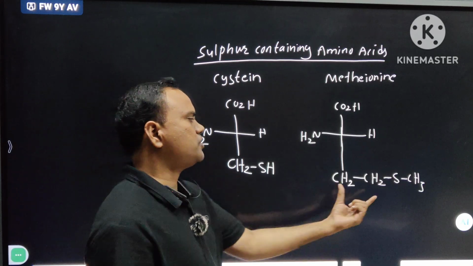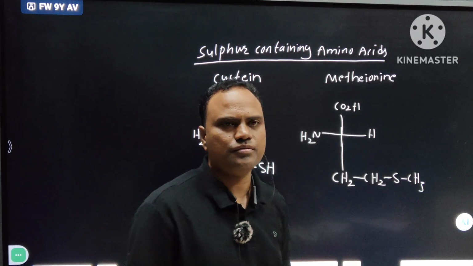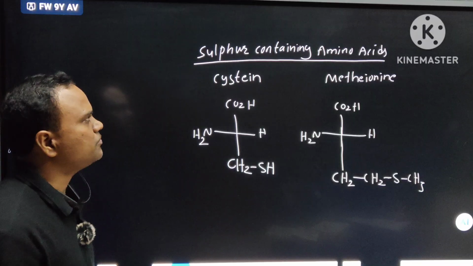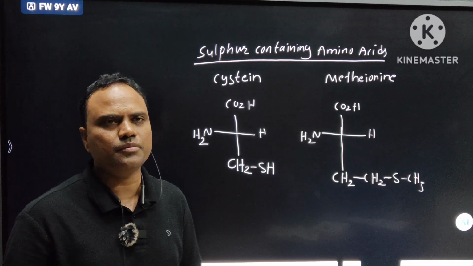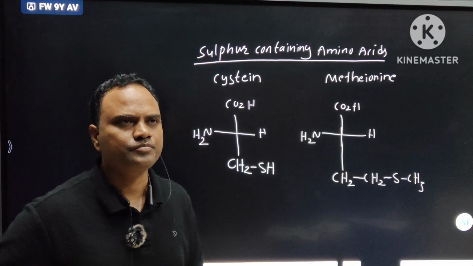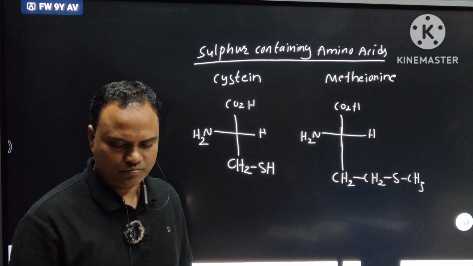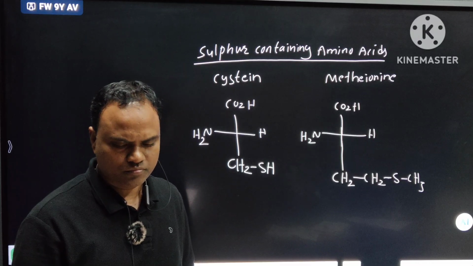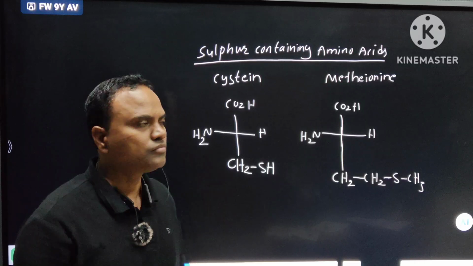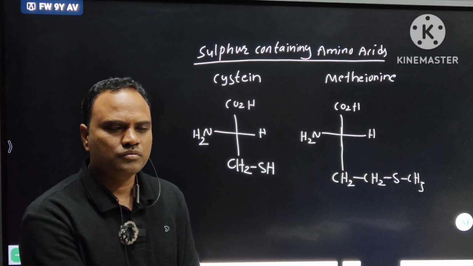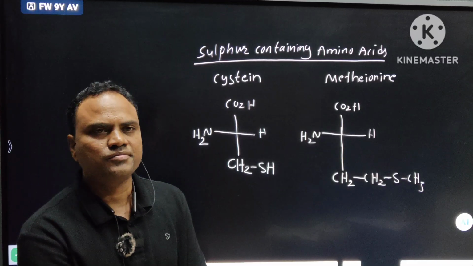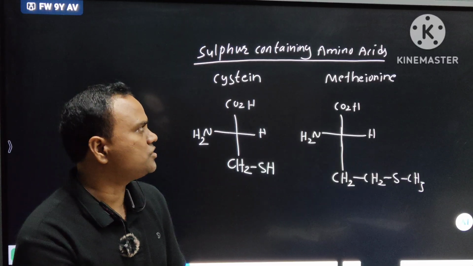You can see CH2 taken 2 times, SCH3 methionine. What is the importance? Sulfur containing amino acids. Okay. Take screenshot, all of you.